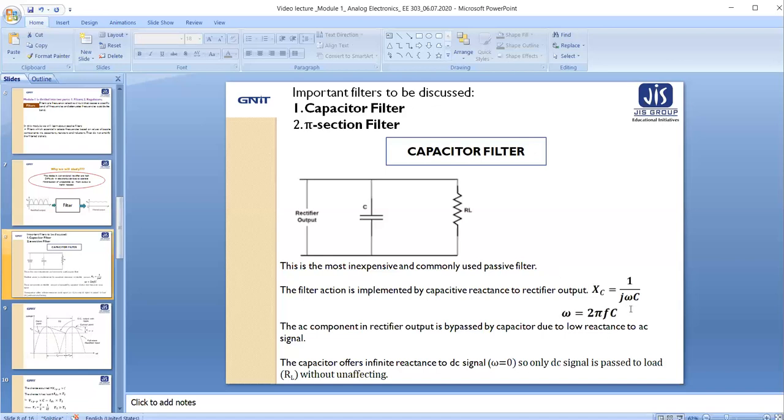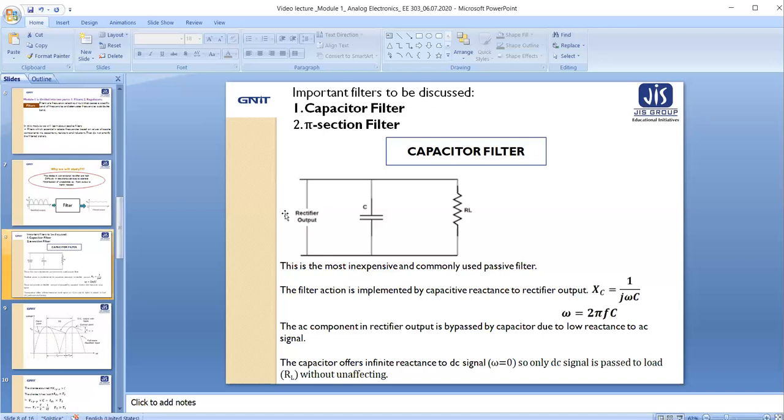But if the omega becomes very low or almost zero, then the reactance will be sufficiently high, almost tending to infinity. Infinity means the capacitor becomes open, it is so highly reactive to the frequency that the frequency will not pass through the capacitor. So this is the fundamental mechanism of capacitive reactance.